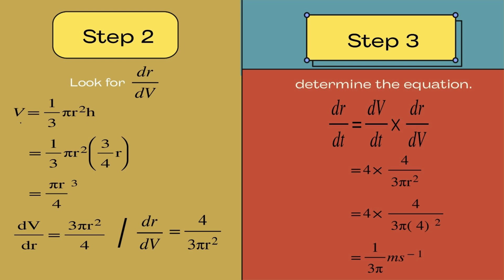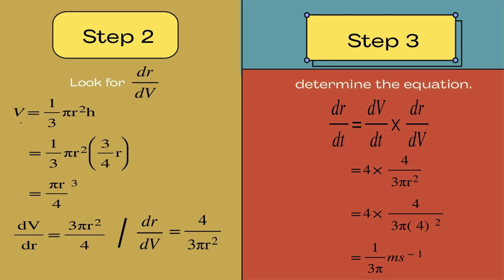After that, we simplify this equation to get pi r cubed over 4. After that, we find the derivative of V with respect to r, or dV over dr, equal to 3 pi r squared over 4.